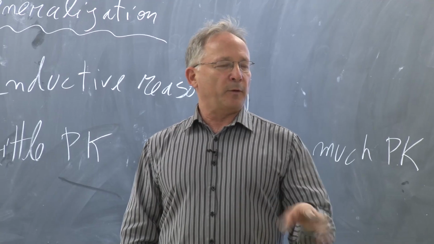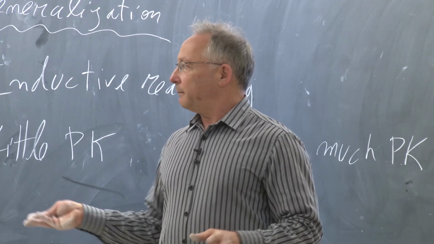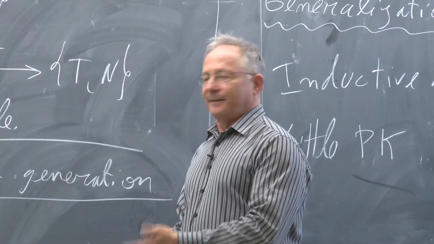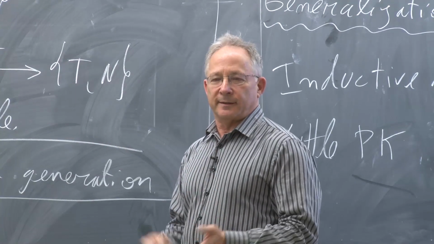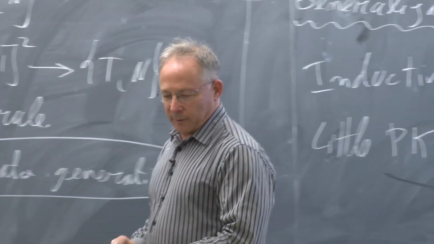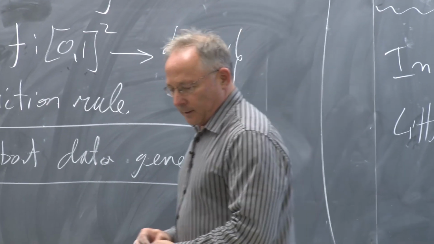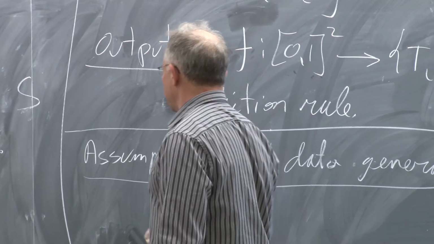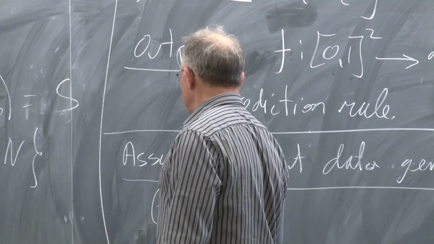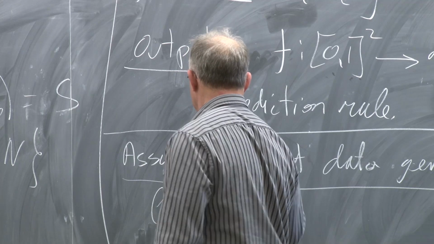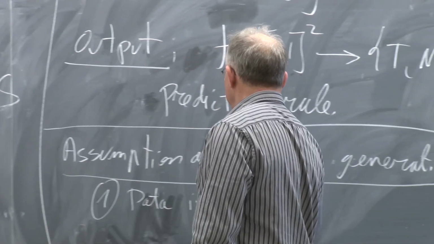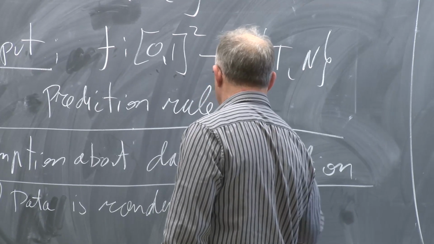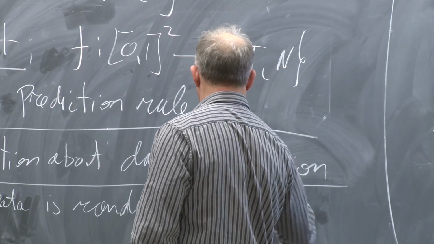I didn't pick them, they were randomly generated. It may not exactly reflect reality, but in many situations it is a realistic assumption. And furthermore, we'll make a simplifying assumption. So the first assumption is that my training data is randomly generated.